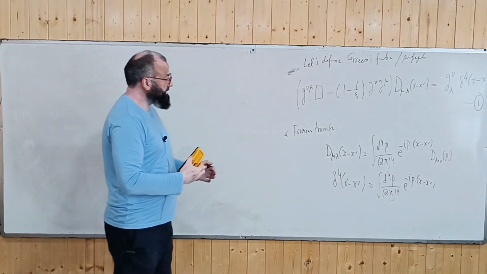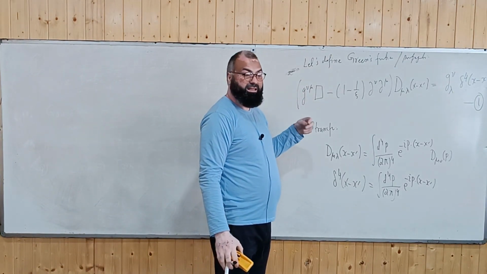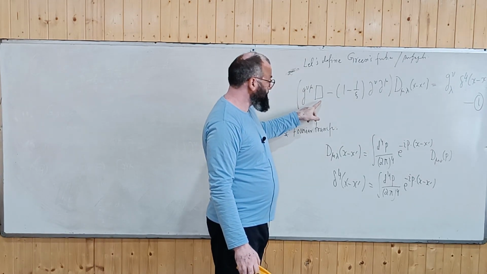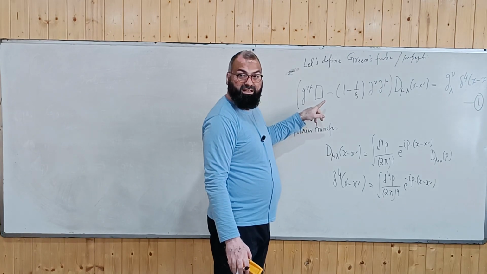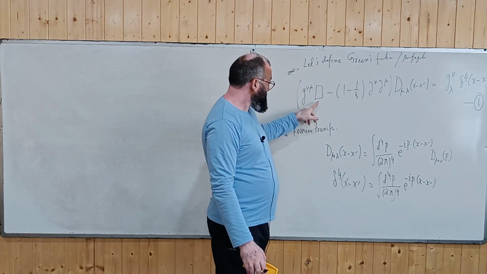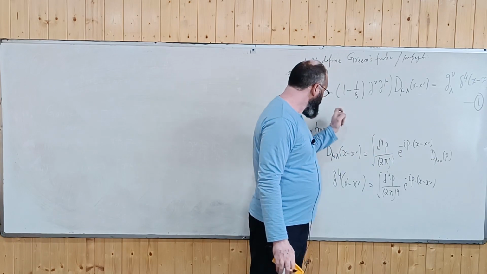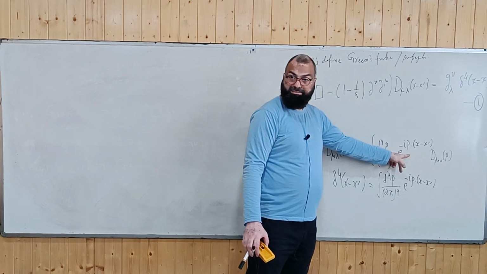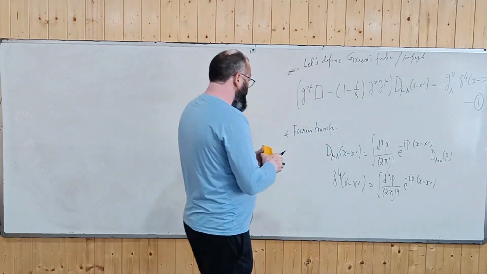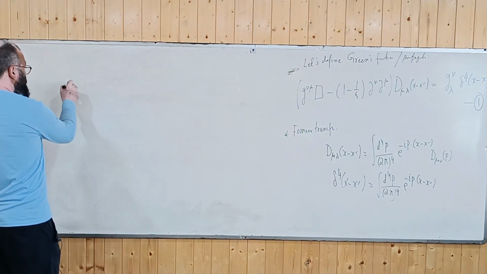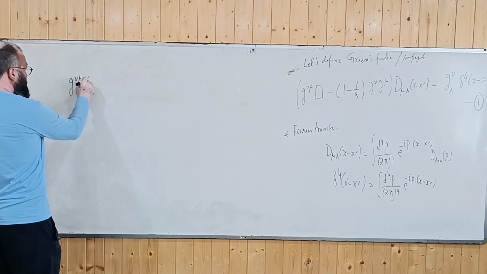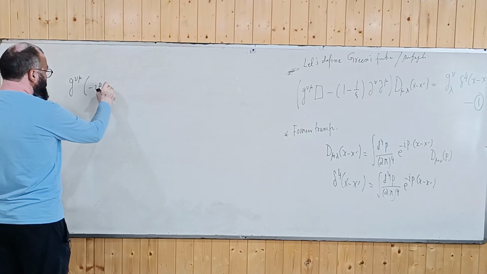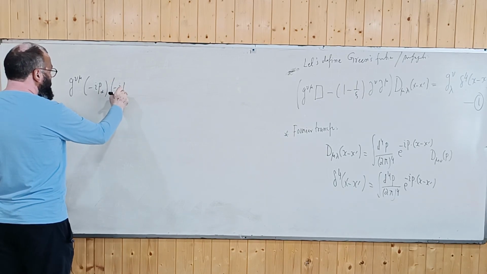Now let's look here. This is a box operator, which means differentiation twice. When it acts on the exponential, differentiation with respect to x gives me minus i p alpha, then again minus i p alpha.